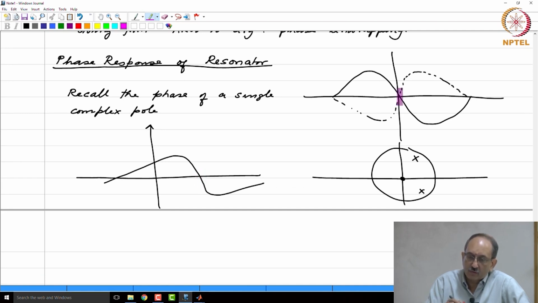Here it is at omega equal to 0, because in this particular example we were looking at the pole lying at theta equal to 0 or on the positive real axis. And if theta were not 0, all it will do to the phase response is shift it to the left or to the right by whatever amount. So, this is the phase response of this first quadrant pole. The phase response for a second quadrant pole will be like this.